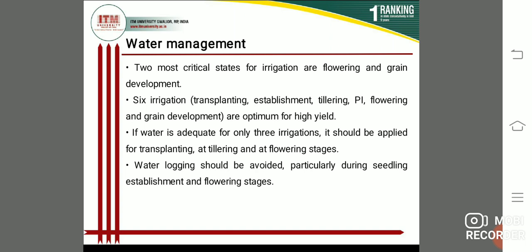Students, this is one mistake: PI means panicle initiation. Okay, so next, if water is adequate for only 3 irrigations, it should be applied at transplanting, at tillering and at flowering stage. Okay, so next, waterlogging should be avoided, particularly during seedling establishment and flowering stage.